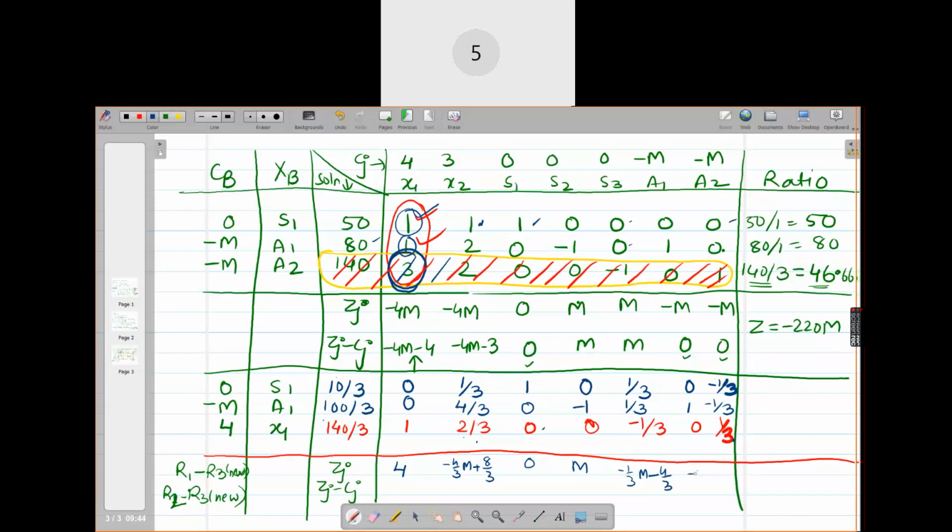Minus M by 3 plus 1, 4 by 3. It is M by 3 plus 4 by 3. 4/3. Okay.